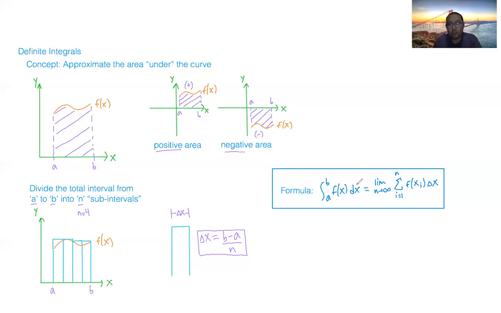And so once you've calculated this delta x, we can look at the definition or the formula for an integral, and that's going to be over here. So if you look at this term, interpret this as the integral or the area under the curve on the interval starting from a, ending at b, of some function f of x with respect to x, with respect to the x-axis.